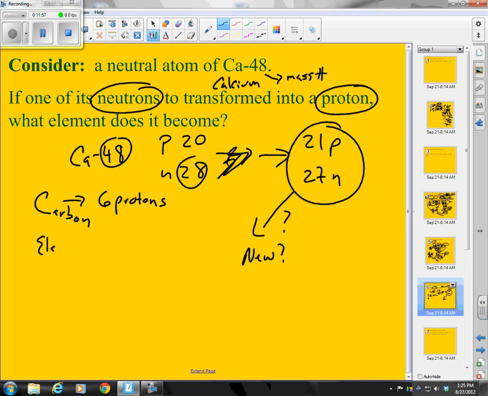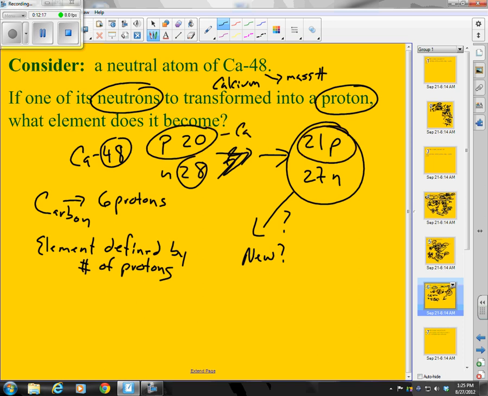So an element is defined by the number of protons. Good. So I started off with 20 protons, so that was calcium. Now I have 21 protons. Is that still calcium? No, I look on my periodic table and I see that with 21 protons I have scandium, right?